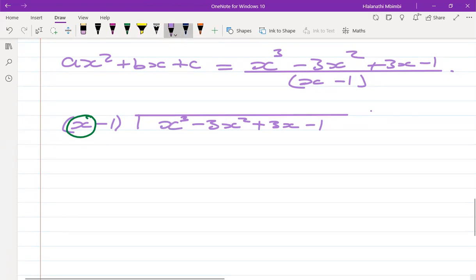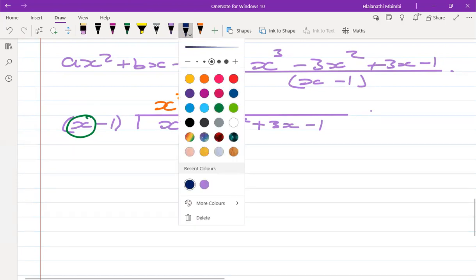Maybe let me choose a different color for that guy there. You get x squared. If you take that x squared and times it by that green guy, the x, what do you get? X cubed. Yes. I'm looking for a different color for this. Use the rainbow, please, sir.